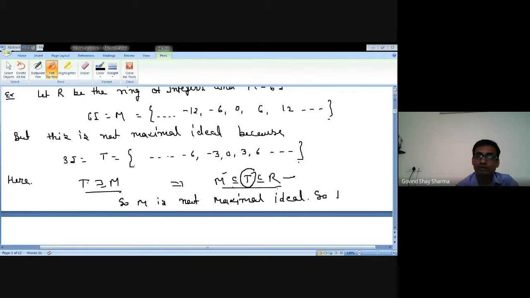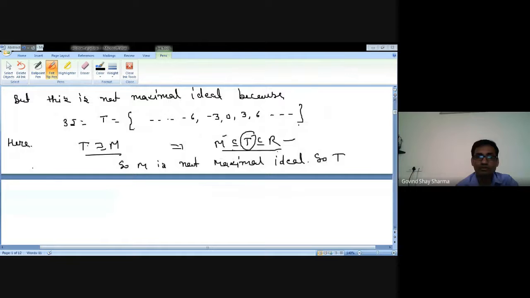If we discuss T, there is no other ideal between T and R which contains these elements.